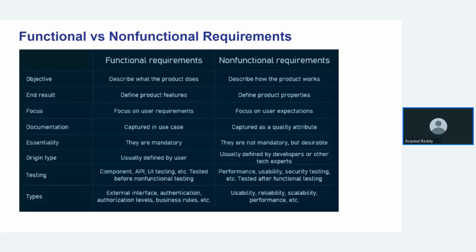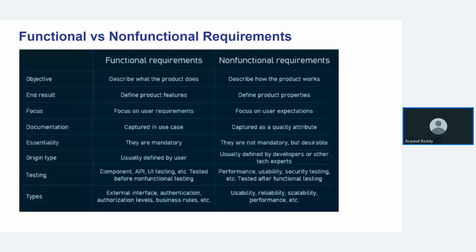So this is how the non-functional requirement works, defining the product properties and focusing on the expectations of what the user is expecting, and capturing quality attributes. Meaning it will provide the user-expected information only, and these are not mandatory but desirable. Meaning it needs to follow some rules and regulations. I think you understood how functional and non-functional requirements work. Okay, this is how they work.